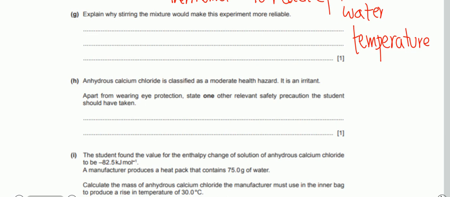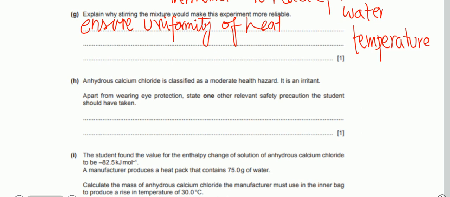The answer for this is ensure uniformity of heating, so that the heat evolved from this reaction of calcium chloride dissolving in water is spread evenly throughout the whole solution, so you have uniform heating.